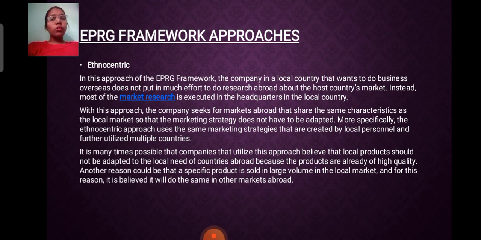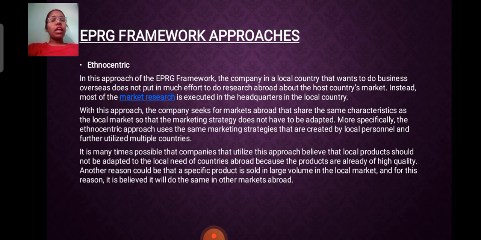In this approach the company seeks markets abroad that share some characteristics with the local market, so the market strategy does not have to be adapted. The ethnocentric approach uses the same marketing strategy created by the local personnel and utilizes it in multiple countries.